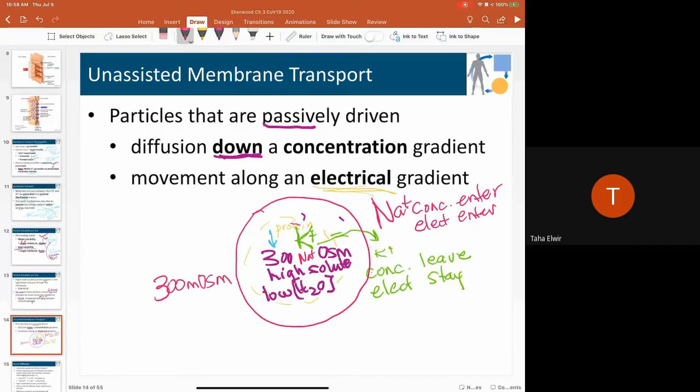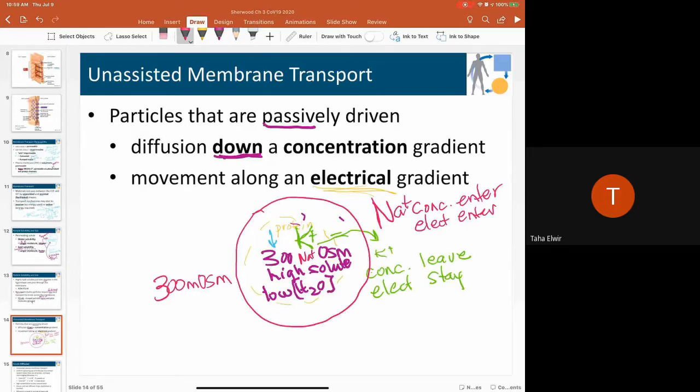But right now, we've got potassium tending to stay in because of the electrical gradient and leave because of its concentration gradient. And we've got sodium that wants to enter down its concentration gradient and also down its electrical gradient. So two things are adding together.